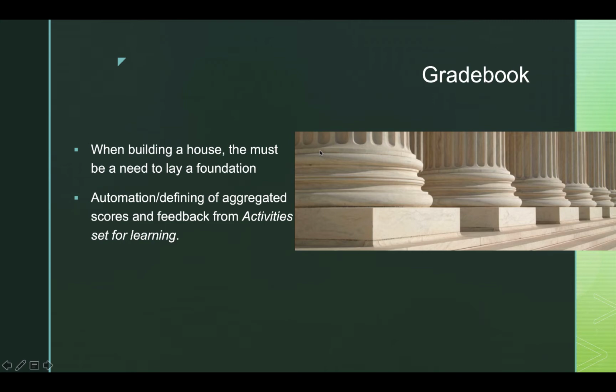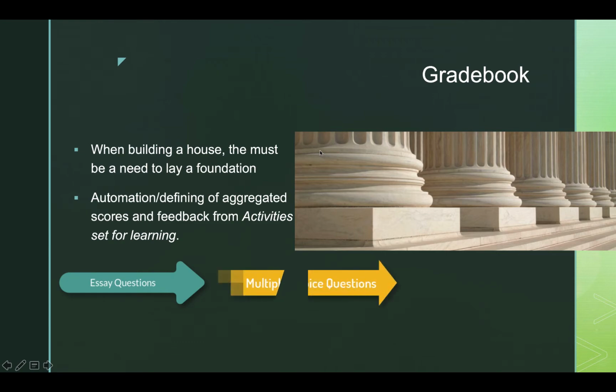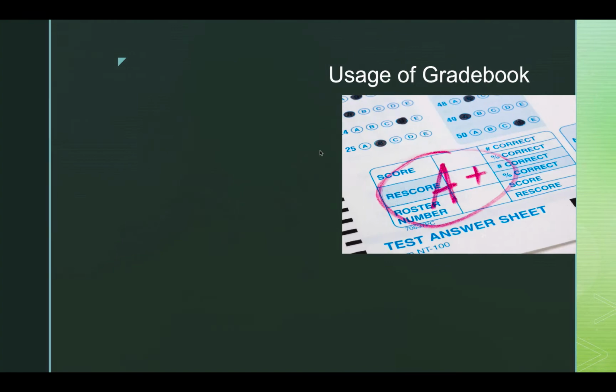For instance, if there are a number of activities that are set in a course, for example, essay, multiple choice questions, assignment, and other forms of activities, Gradebook will aggregate those activities and form a solid foundation for them so that it will be displayed to the learners and they will understand how many scores they are graded for each of the activities.